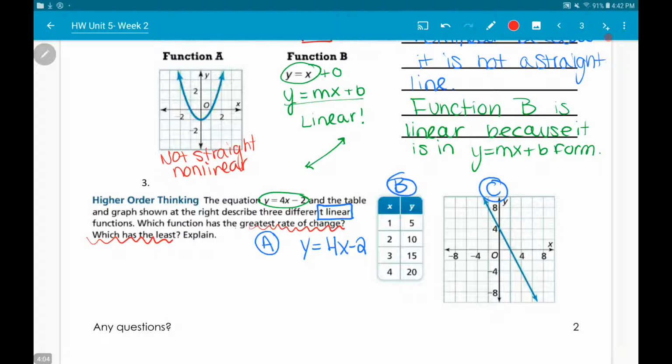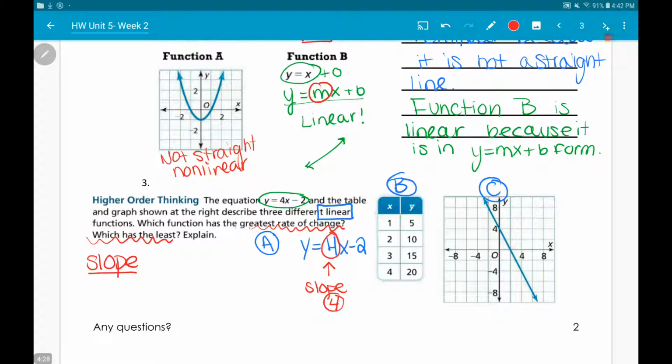Now, what does rate of change mean? Rate of change means slope. So I'm going to look for the slope for all 3 of these things. So in our first one, in A, we see that it is y equals mx plus b format. So I always know that my m's are my slope. So in this case, I don't even have to solve anything. My slope is 4.